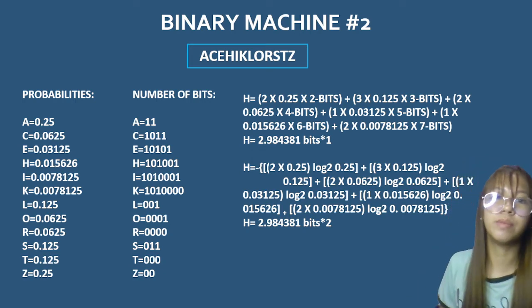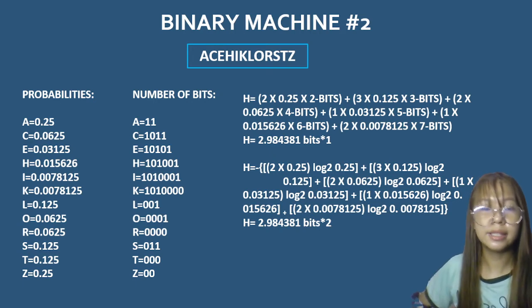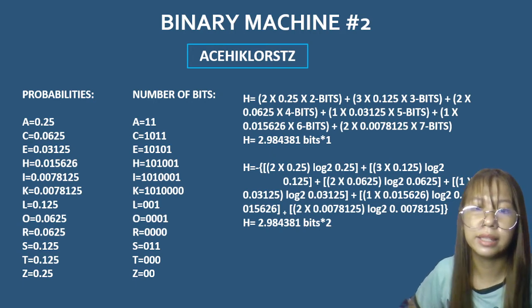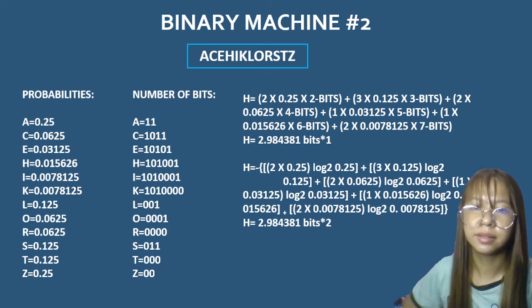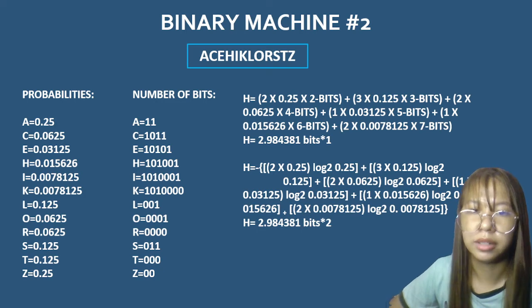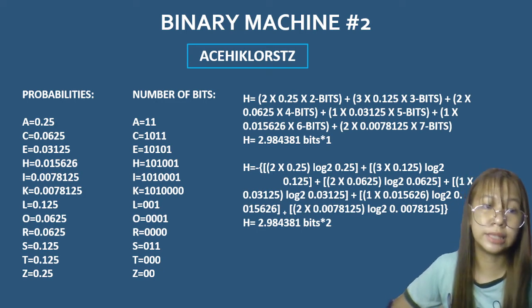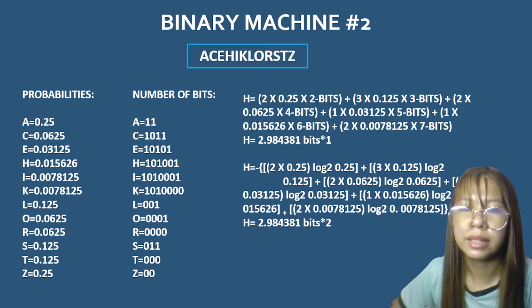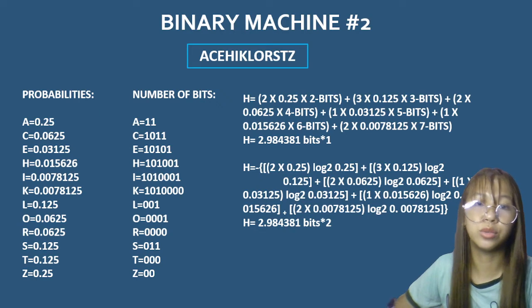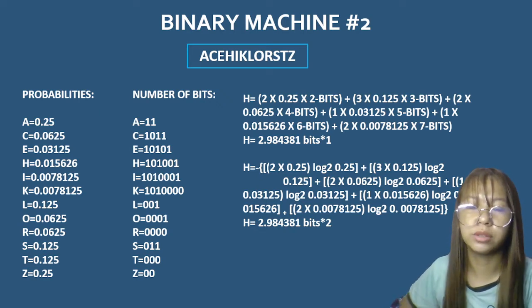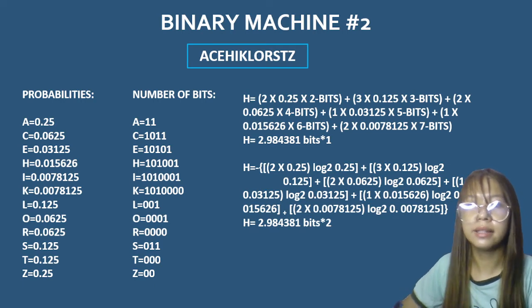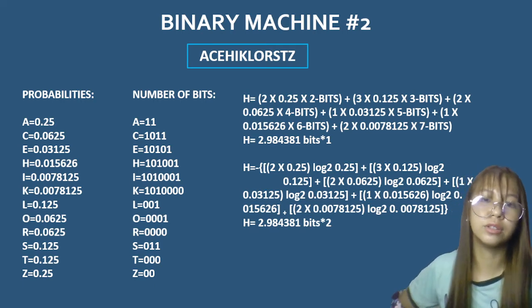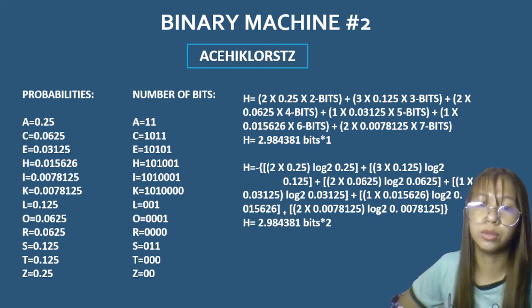Here you go. The probability of A is equal to 0.25, and it is the same with letter Z. Then C and O, R are equal to 0.0625. Then E is equal to 0.03125. Then H is equal to 0.015625. And I and K are the same, and they are equal to 0.0078125.